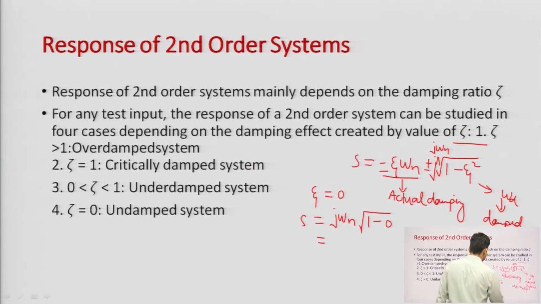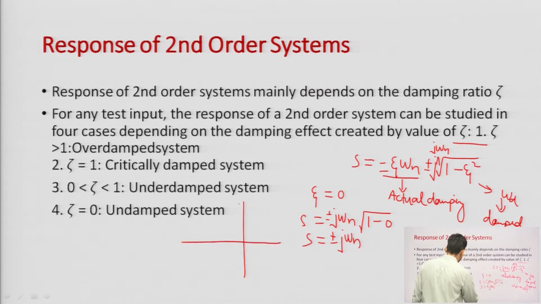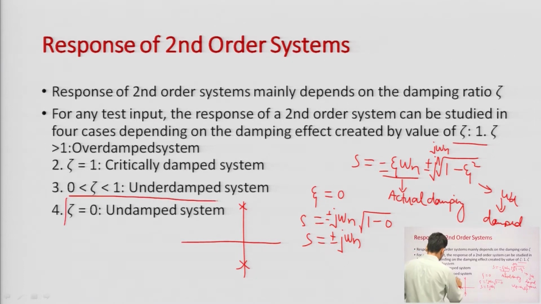So I will get plus minus imaginary roots. If I plot it on the imaginary plane, I will obtain my roots on the imaginary axis. In the time domain we will get a sinusoidal oscillation. Whenever zeta is equal to 0, we say this category is undamped.